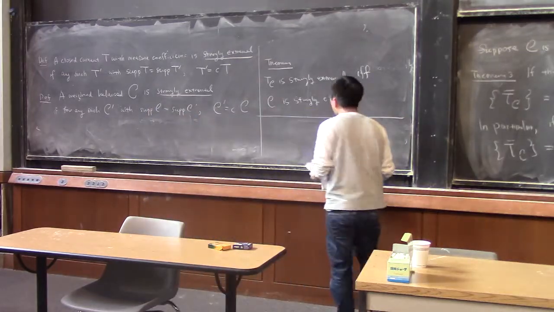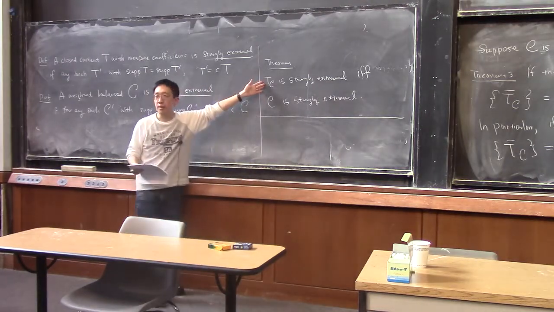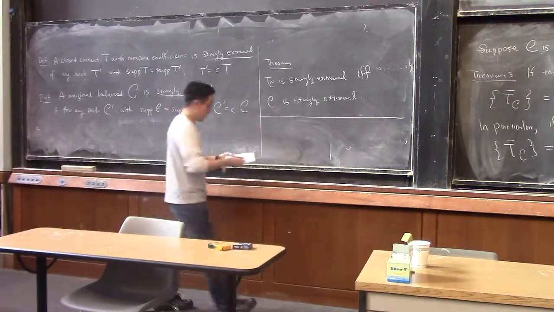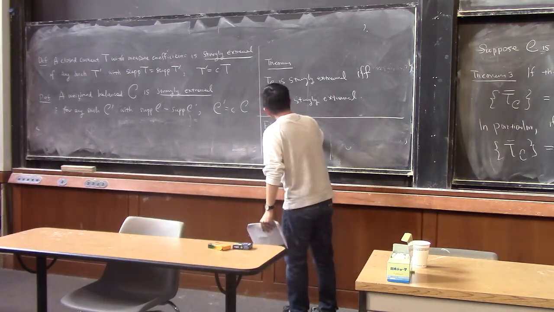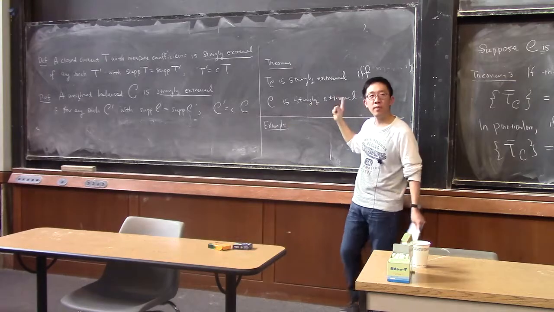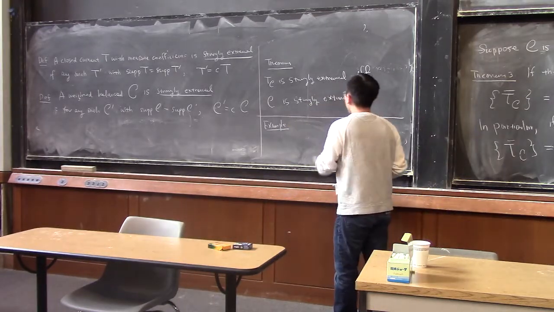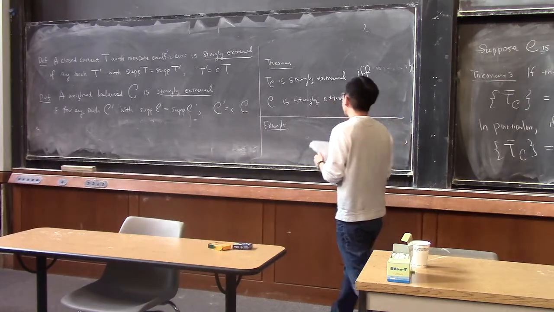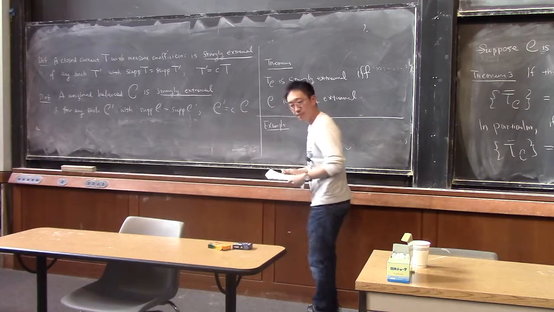And in this way, you could construct many interesting strongly extremal currents on complex manifolds because there is an abundance of tropical varieties, balanced weighted complexes C, which can be balanced in a unique way, so that it produces, via this theorem, strongly extremal currents.